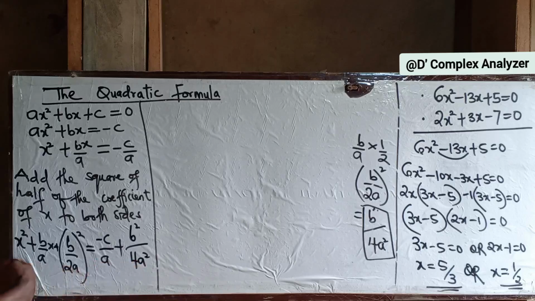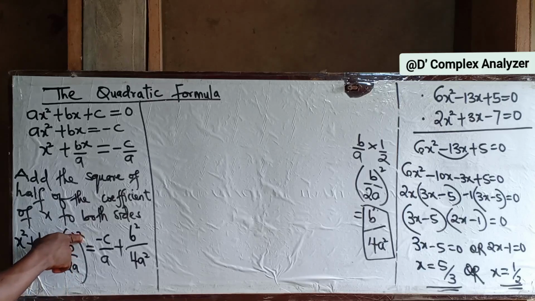Simple. Let's simplify the left hand side. Or let's just keep solving. You see this left hand side now. I want to factorize it in a very easy way. x is having a square. bx over a is having a positive sign. b over 2a is raised to the power of what? 2.